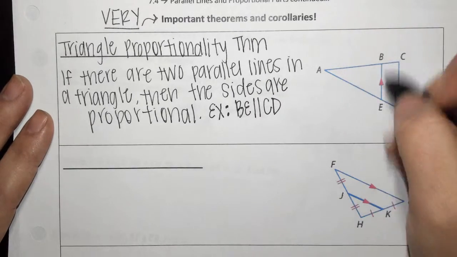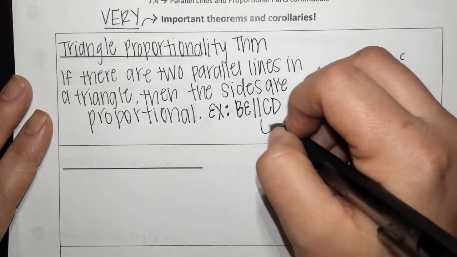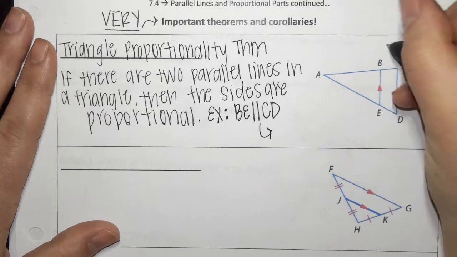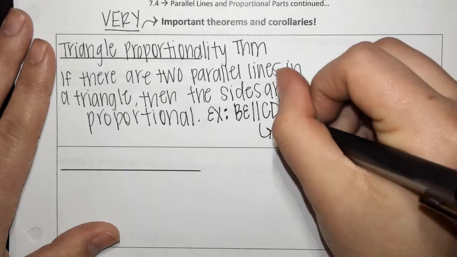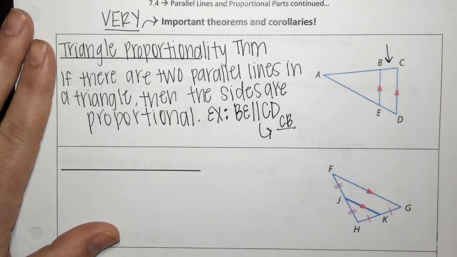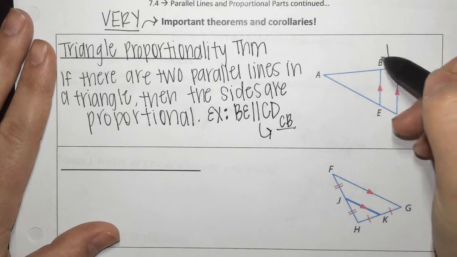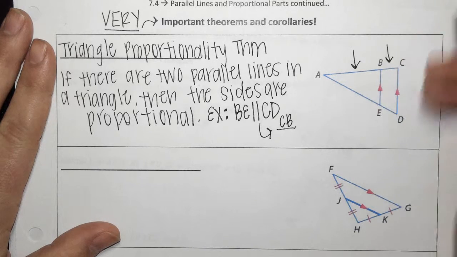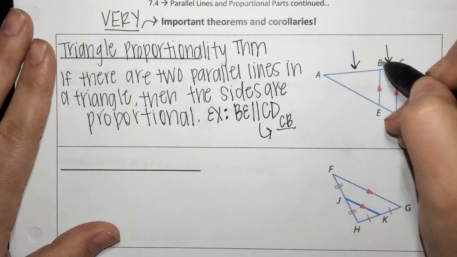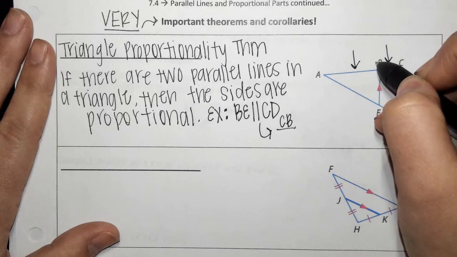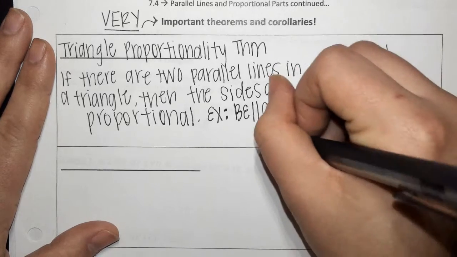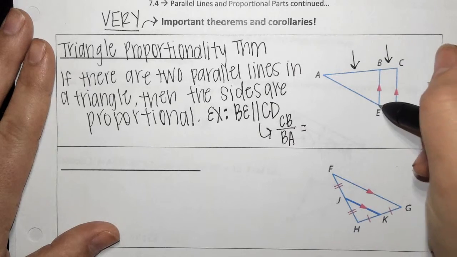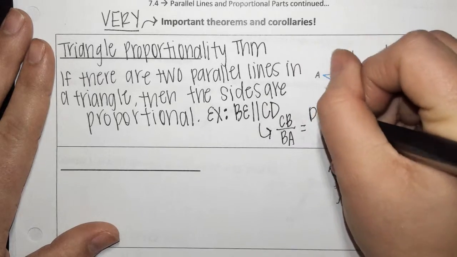Well, if those 2 lines are parallel, then it makes the sides proportional. So CB would be proportional to what? BC is to AB. CB is to, or you can say BA. CB is to BA as DE is to what?